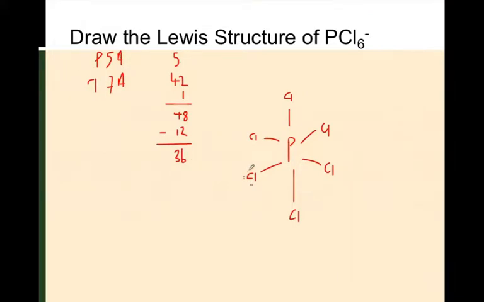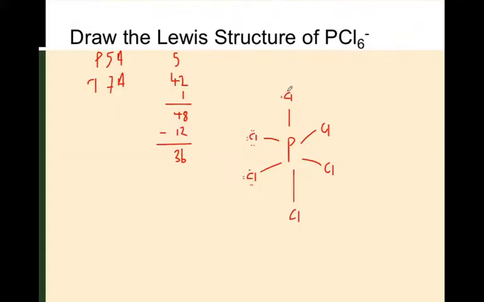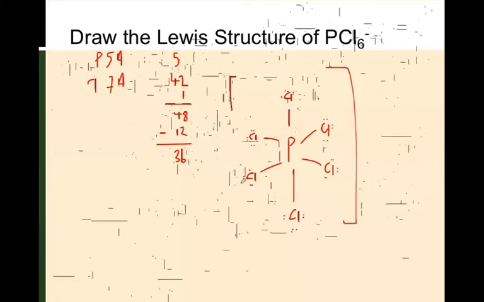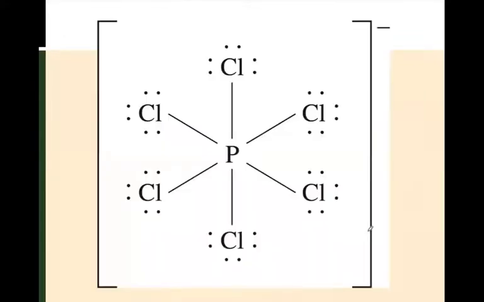There are 6 chlorines, which conveniently takes care of our extra 36 electrons. Now these brackets indicate that it is a complex ion, which means the negative charge is spread across the entire molecule. So there we go. Don't forget your negative charge.